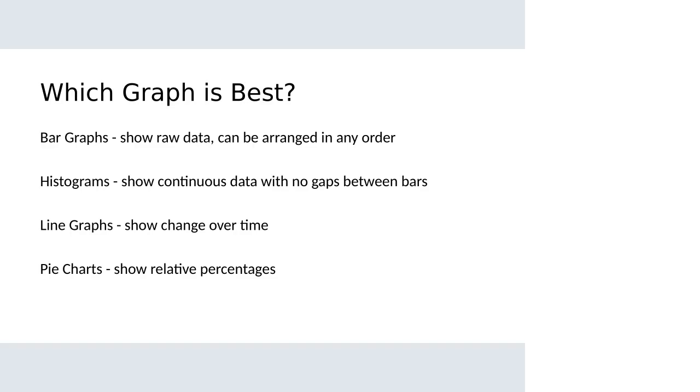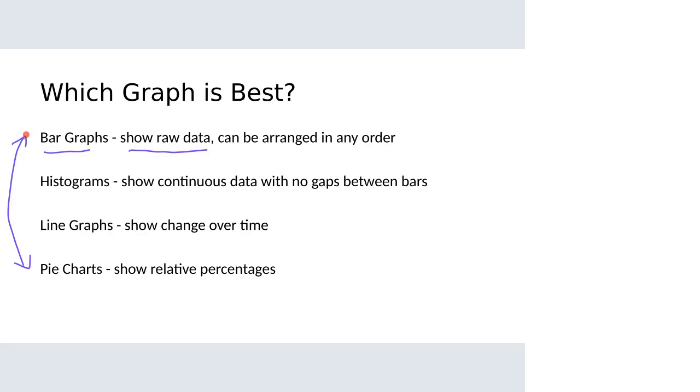We talked about a couple of different types of graphs today. I just kind of want to reinforce what they're for, what they do. A bar graph, the big advantage to a bar graph is that it shows raw data. You'll notice the line graphs show raw data too, but the pie charts don't. So when we're comparing things in different categories, the bar graphs and the pie charts do different jobs.